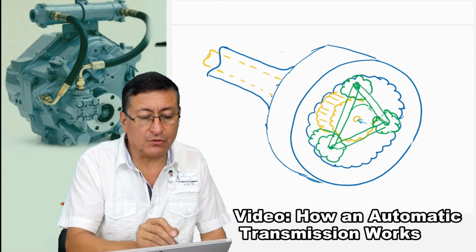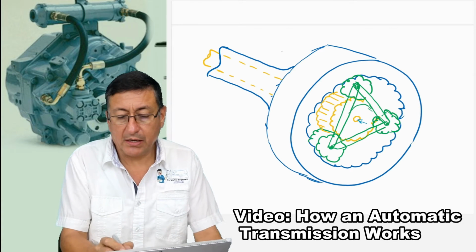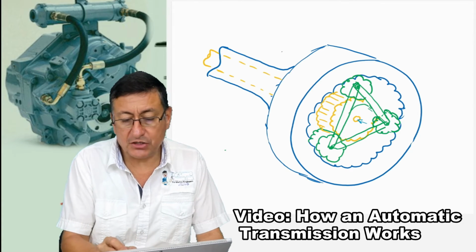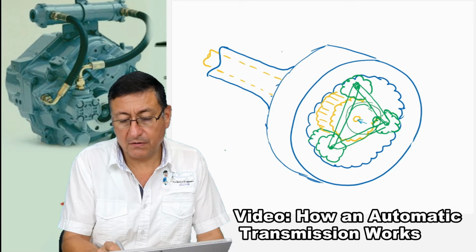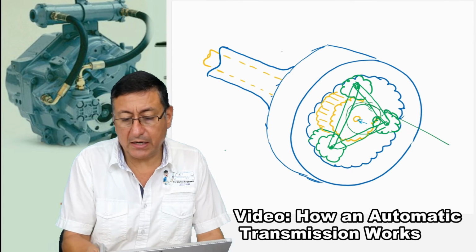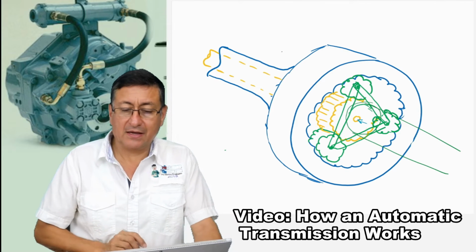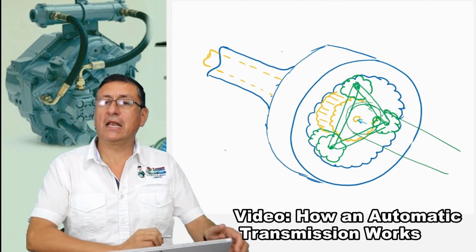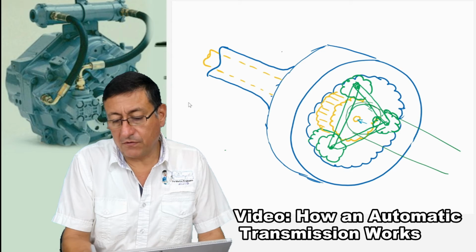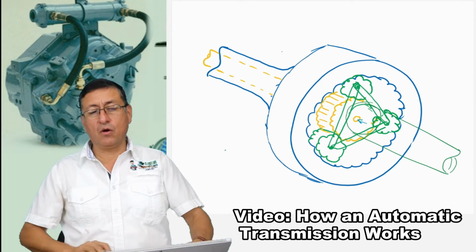With respect to the last one, the green one, we can install the shaft. We can design the shaft for the green one here, connected to the triangle, to the link, and this shaft, of course, will be hollow.